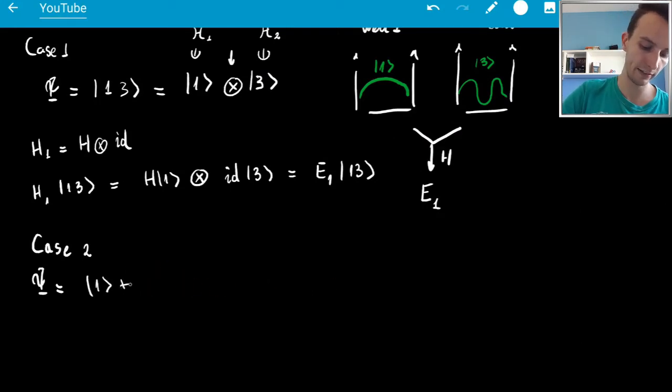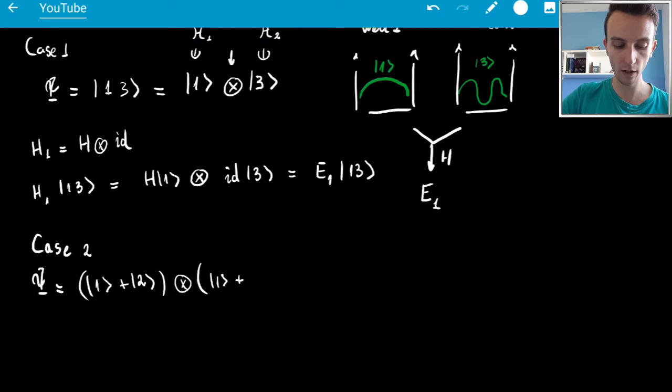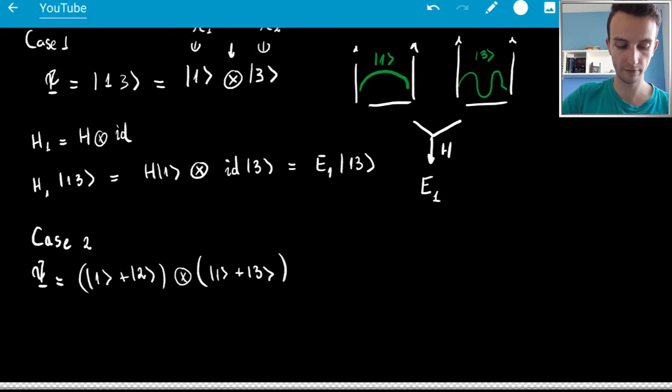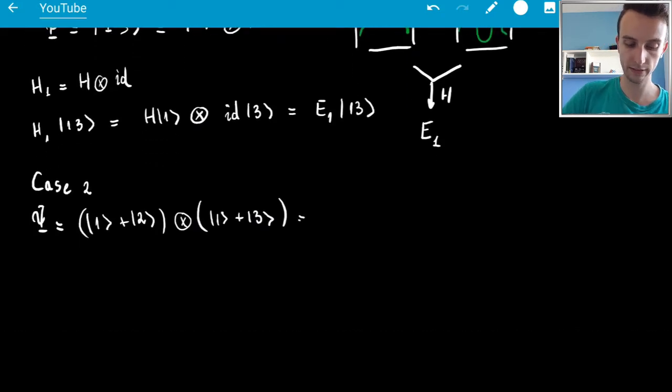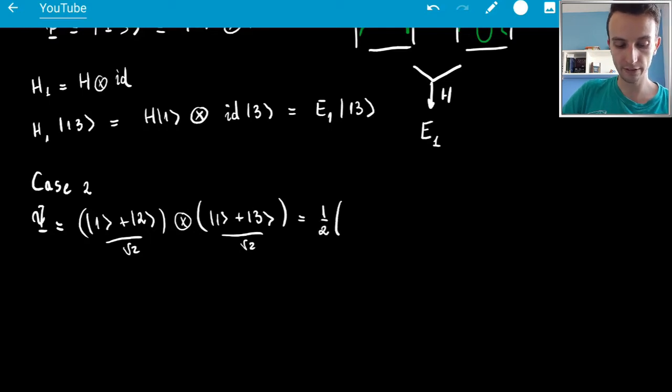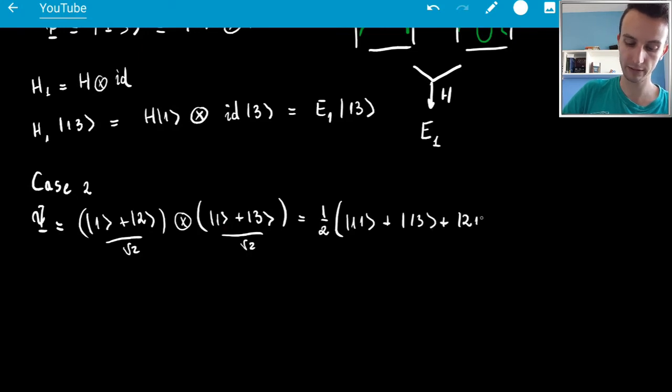So I'll write it immediately like this: 1 plus 2 tensor 1 plus 3. I would need a normalization as well, so here I need square root 2, square root 2. So what this gives me is 1/2 of 1, 1, plus 1, 3, plus 2, 1, plus 2, 3.